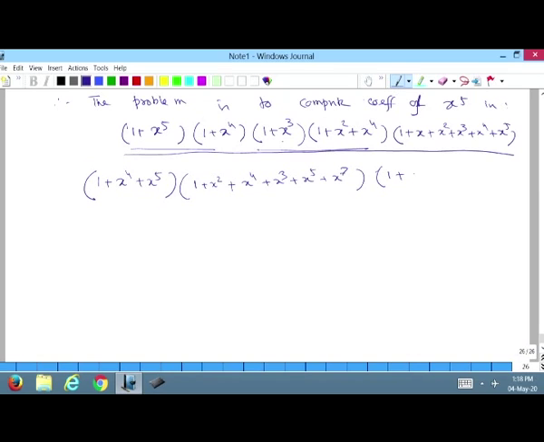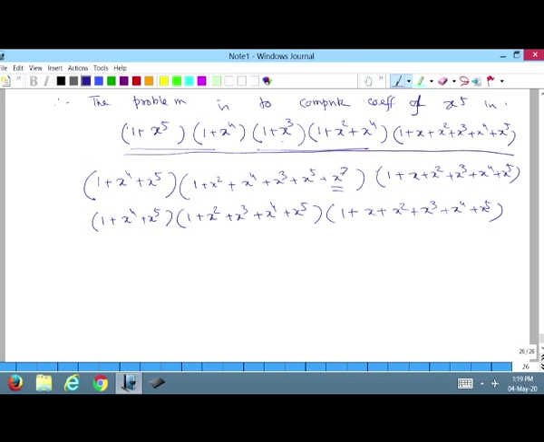Since x to the power 7 is not needed, we can ignore it. Therefore, we have 1 plus x to the power 4 plus x to the power 5, multiplied by 1 plus x square plus x cube plus x to the power 4 plus x to the power 5, multiplied by 1 plus x plus x square plus x cube plus x to the power 4 plus x to the power 5.